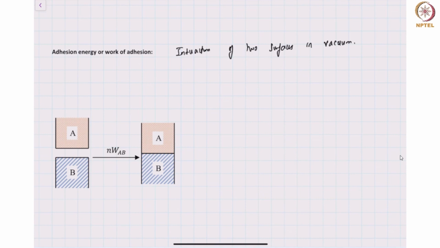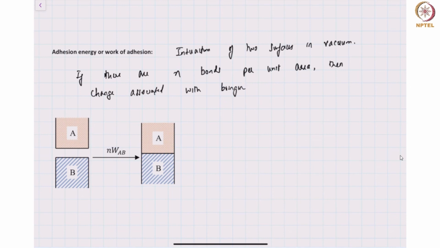Okay, so if there are n bonds per unit area, then the change associated with bringing A and B into contact, all these ideas are per unit area, would be n times WAB.